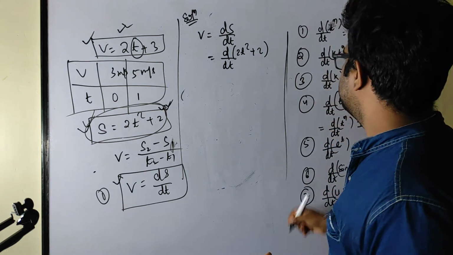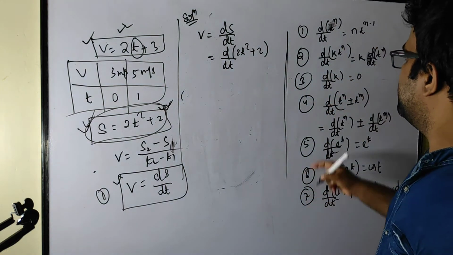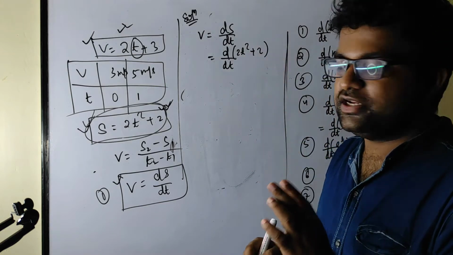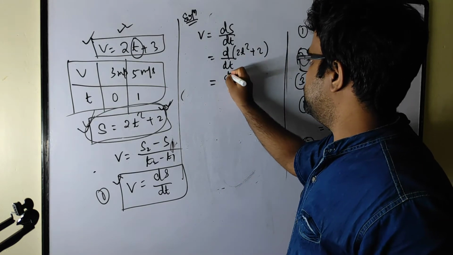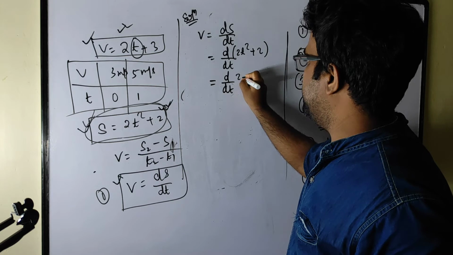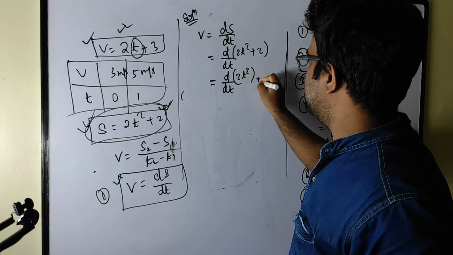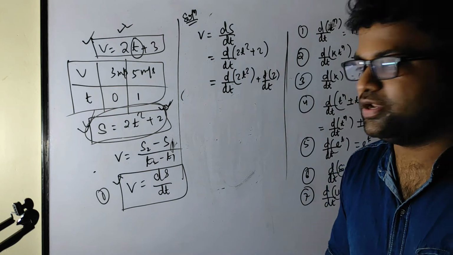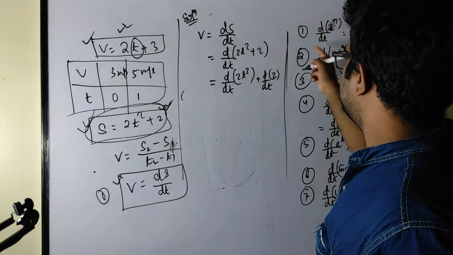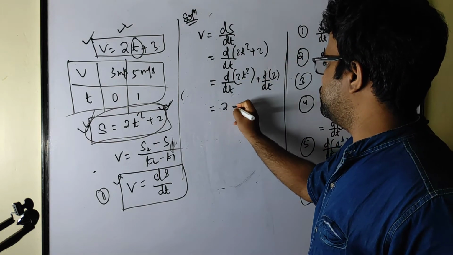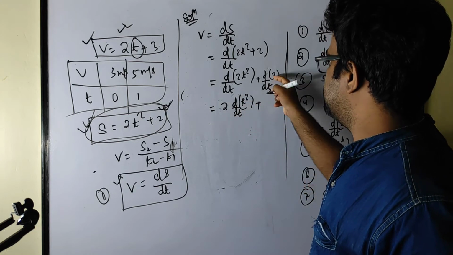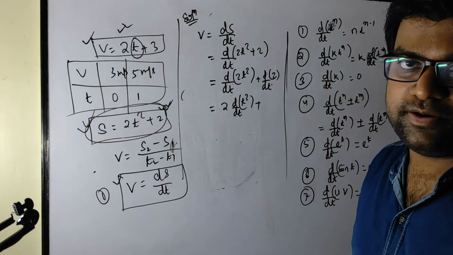Now I'll use my formula. A plus is there and two separate terms are there, so I can find the differentiation of the two individual terms, like d upon dt of 2t square plus d upon dt of 2. Now 2 is a constant which will come outside, so 2 into d by dt of t square, plus the derivative of a constant is 0, third formula.